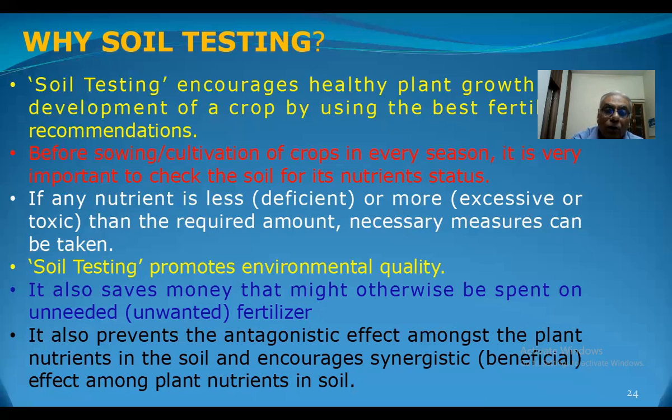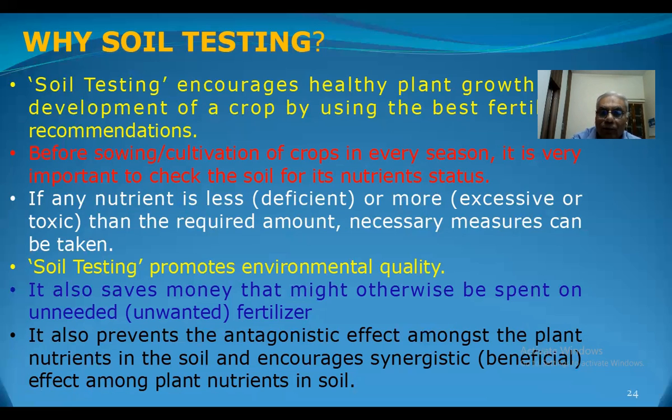So we lose on phosphatic fertilizer, and the zinc and iron also is not available to the plant. The cost of soil analysis is only 1,000 or 1,500 rupees, but here you can save more than 2,000 rupees per hectare.